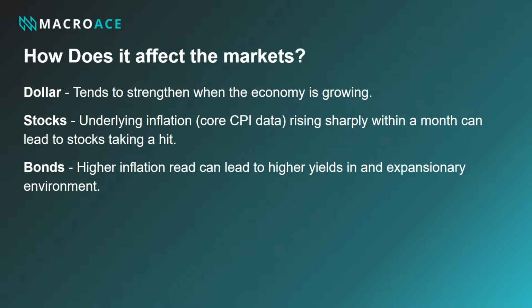But in this current environment, if you get a higher print, it means, like I said earlier, the Fed has more work to do to bring down inflation. And in turn, when they raise rates, that also brings up the yields on those bonds, the government debt that is sold into the markets.